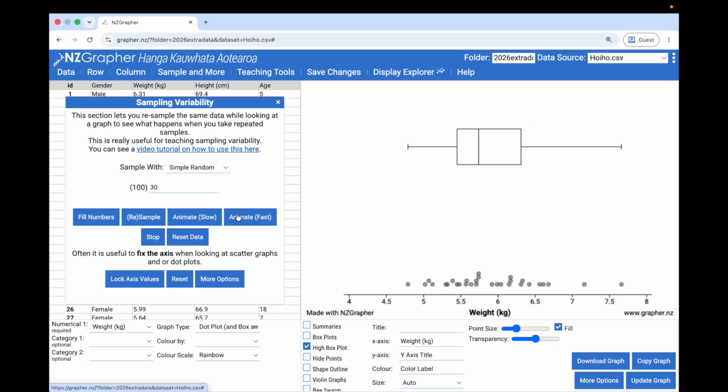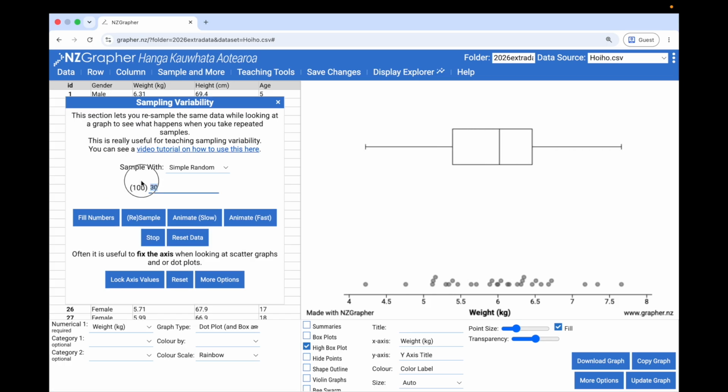Now, what I can do now, though, is look at the effect of sample size. So rather than sampling 30, what happens if I up my sample to, say, 60? So now I'm taking a sample size of 60. And I can see my median now is going from about here to about here.